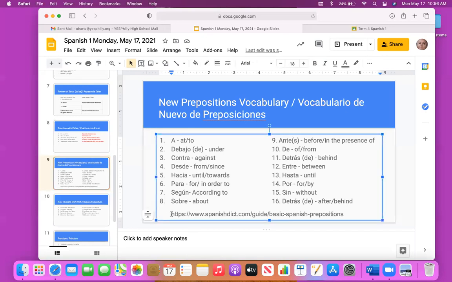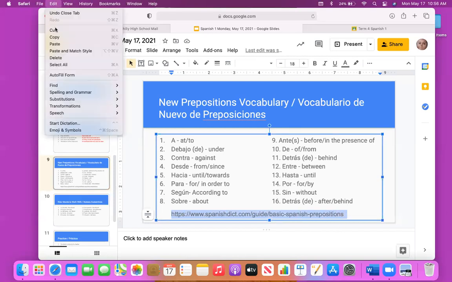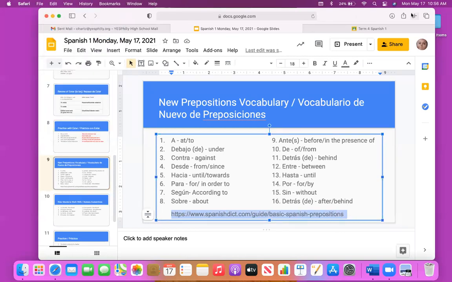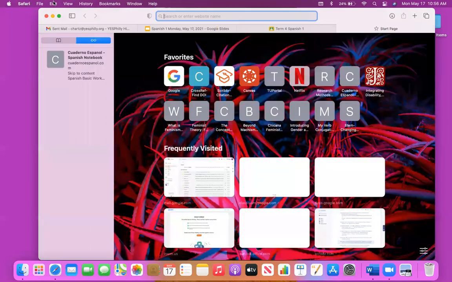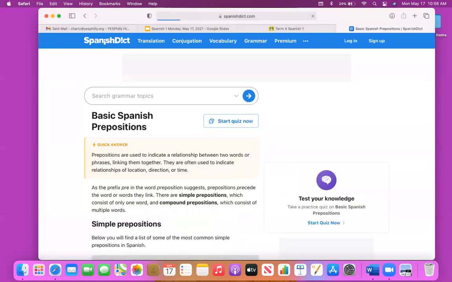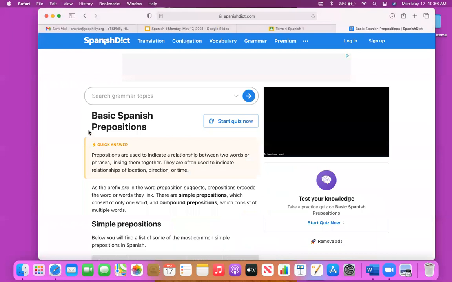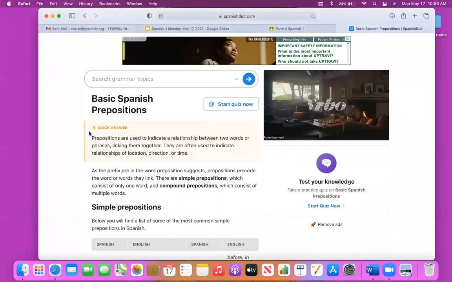I also wanted to share this page with you guys because it's pretty informative, and I really like it. It's the same website that I really like.